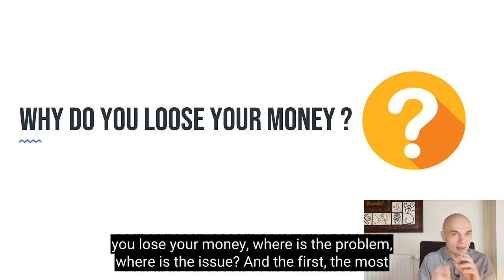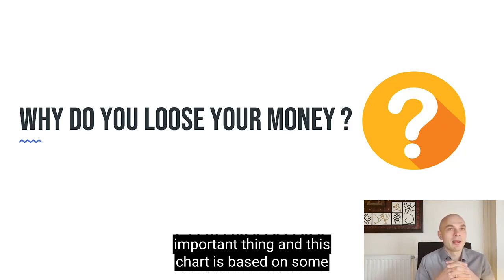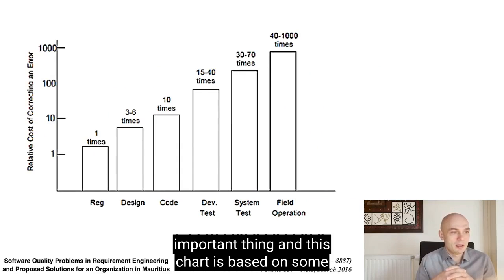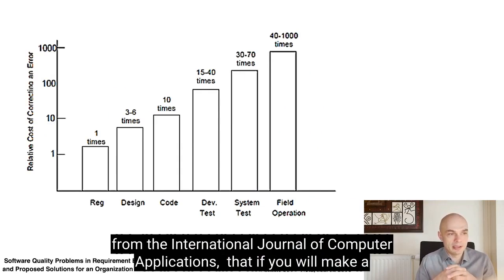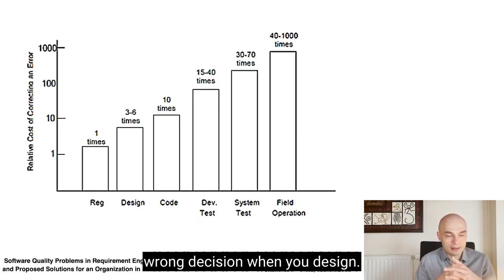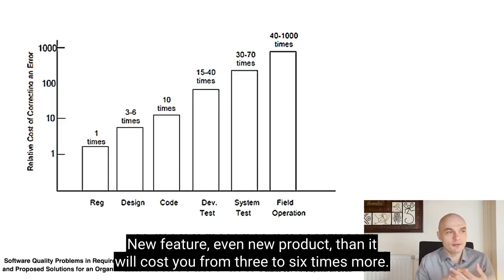And the most important thing, and this chart is based on a document from the International Journal of Computer Applications, is that if you make a wrong decision when you design a new feature, even a new product, then it will cost you from 3 to 6 times more.